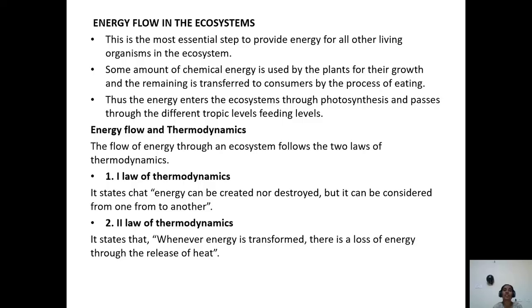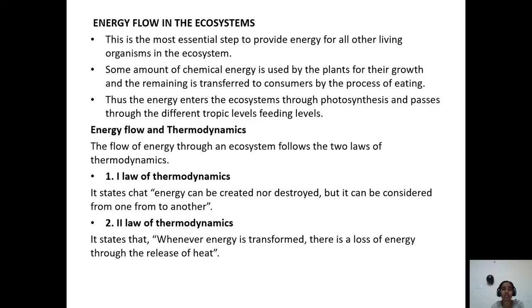Energy flow in an ecosystem is a very important function. Energy flow is unidirectional, from producers to herbivores, to primary carnivores and secondary carnivores. In this energy flow, two physical laws are involved: the first law of thermodynamics and the second law of thermodynamics.